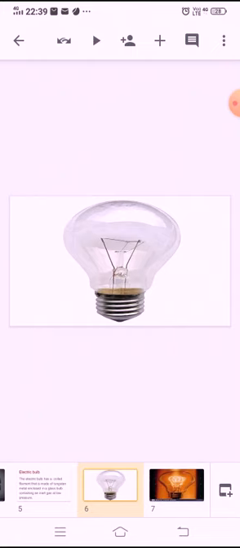It has the coiled filament in it. It is made of tungsten. Tungsten is a kind of metal like silver, aluminium, iron, etc. Tungsten metal is enclosed in a glass bulb containing an inert gas at low pressure.